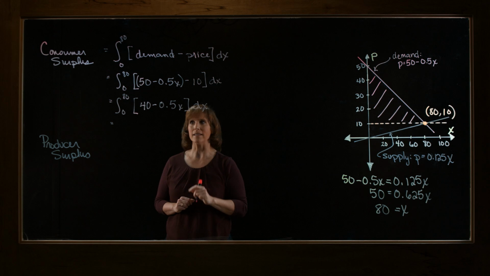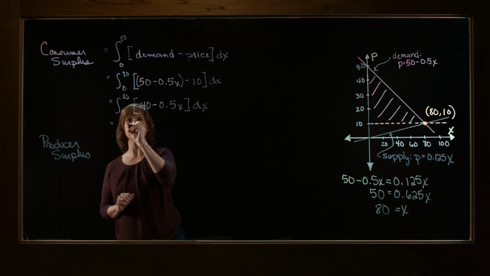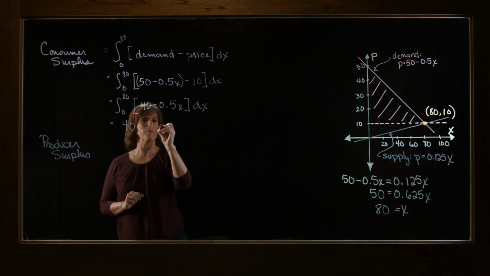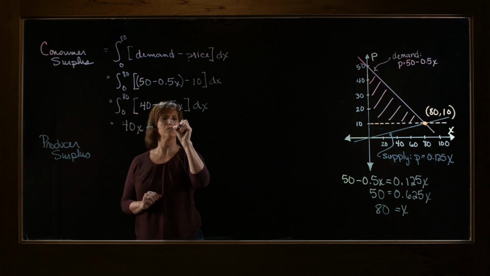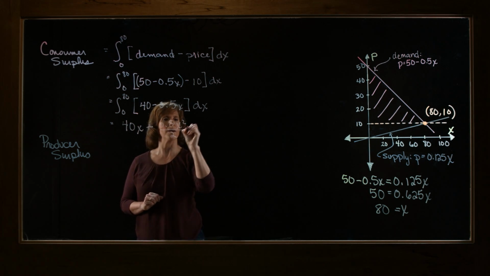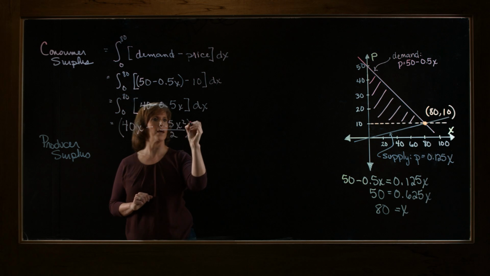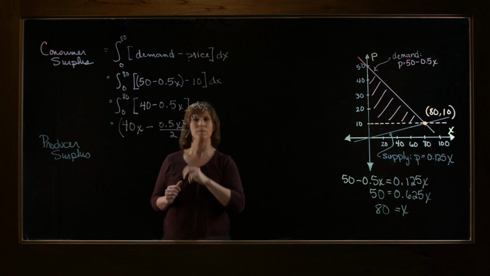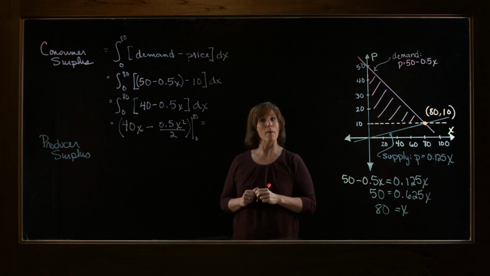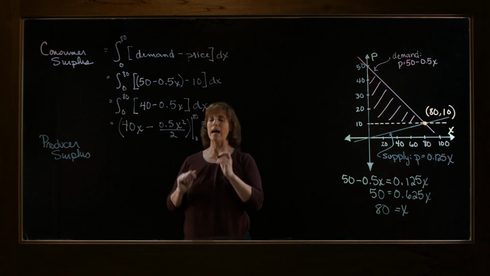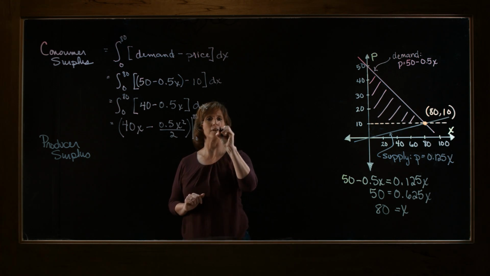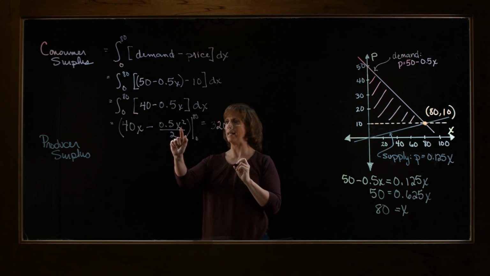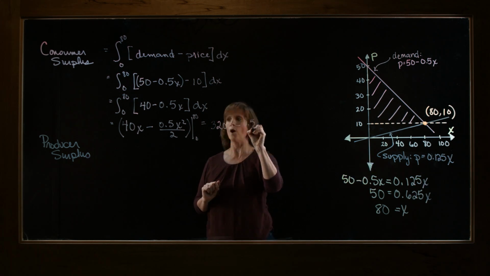I'm now ready to integrate. The integral of 40 dx is 40x, and I'm going to have 0.5 x squared divided by 2. And that whole thing will be evaluated from 0 to 80. I can plug in my upper limit. 40 times 80 is 3,200. And then I'm going to subtract what happens when I plug 80 into 0.5x squared divided by 2.